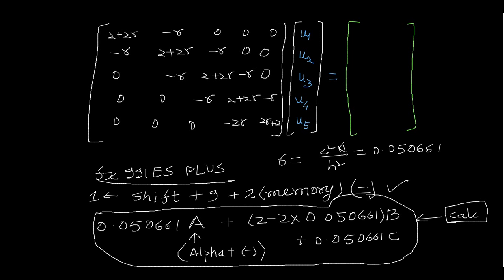So let me write it. 2 minus 2 B plus. It will ask for A, and the value is 0.0000.